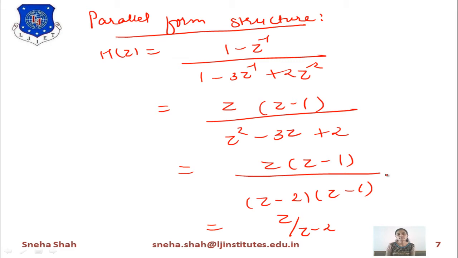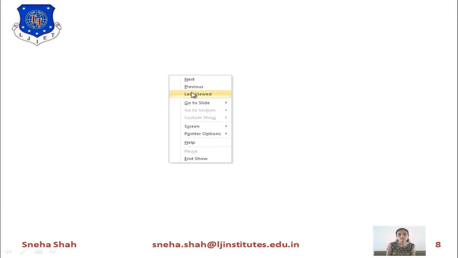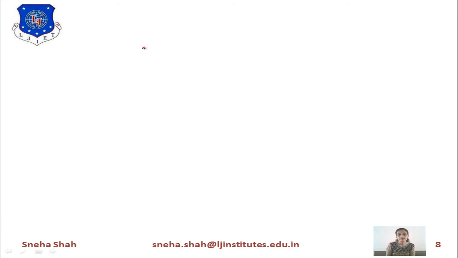Now here there is just one factor, which converts to 1 upon 1 minus 2z inverse, and we just have to represent this term. For the parallel form structure, x of n is the input and the output is y of n.